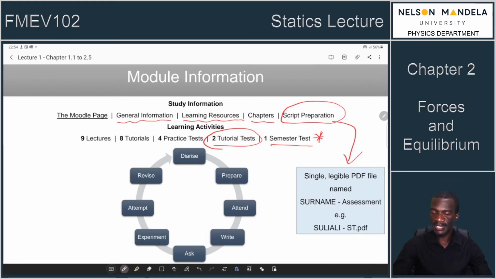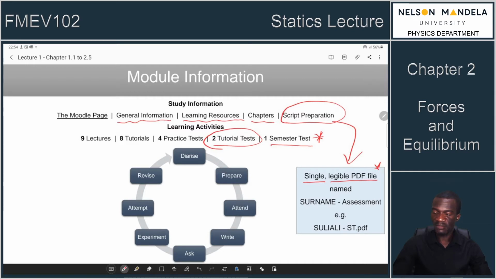Please submit a single and a legible PDF file. Single PDF file, legible as in if you are using a camera to take photos of your script, make sure they're crystal clear. Then make it a PDF file. Please do not submit your semester test as a Word document or a picture or a JPG or other file type.